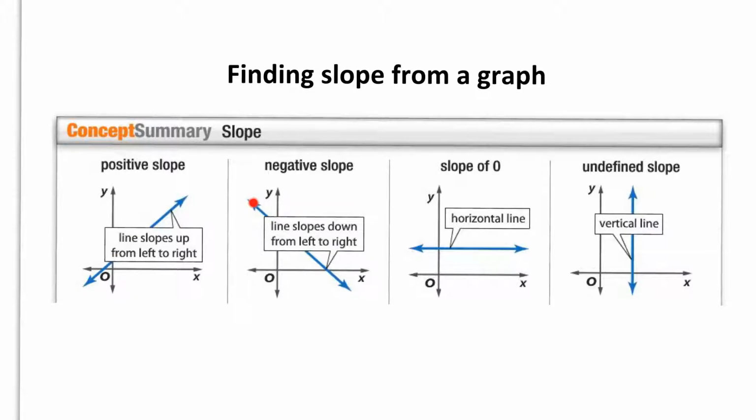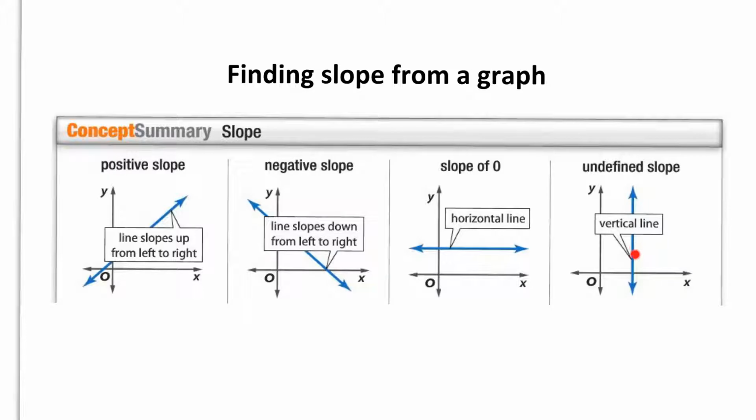If you have a line with the slope that goes down from left to right, so notice the line right here, from left, and you start going down the line, which is decreasing, that's going to be a negative slope. If you have a horizontal line, sideways from left to right, that's a slope of zero.